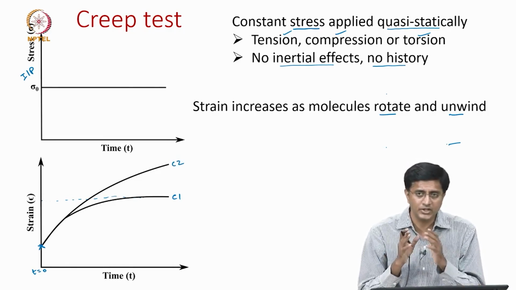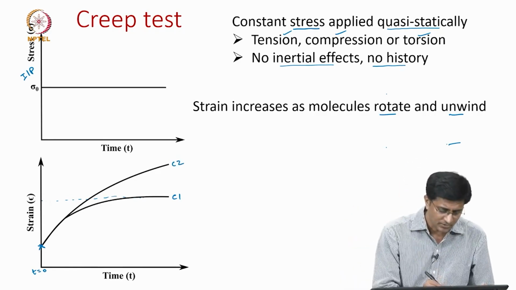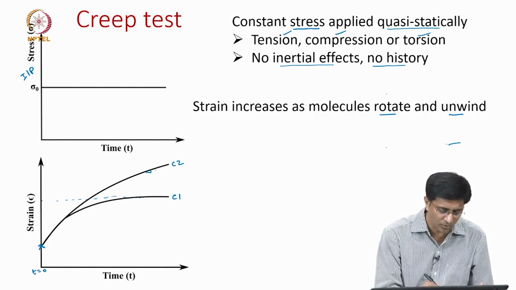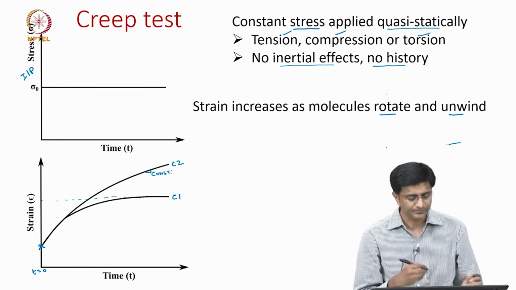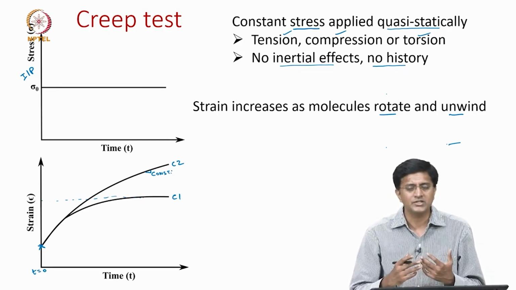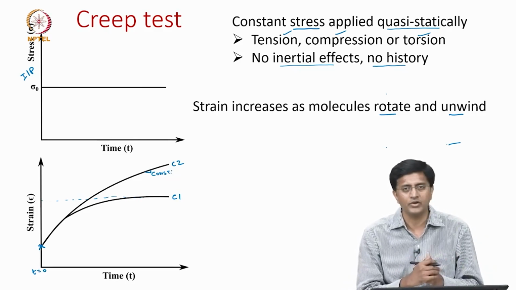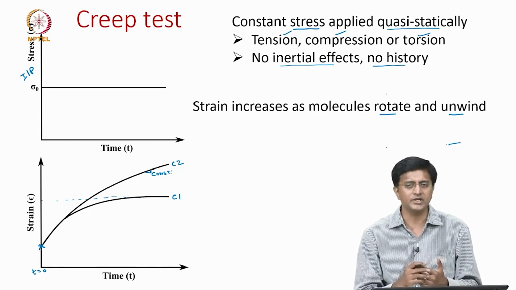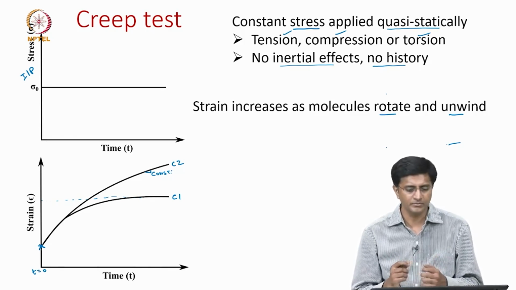It never stops, it keeps on increasing. So, let us say initially it is a nonlinear curve, but towards the end it reaches a straight line, meaning the slope is constant. Now again I will ask the same question the way we discussed in the relaxation test. Which of these curves is for thermoset and which is for thermoplast?